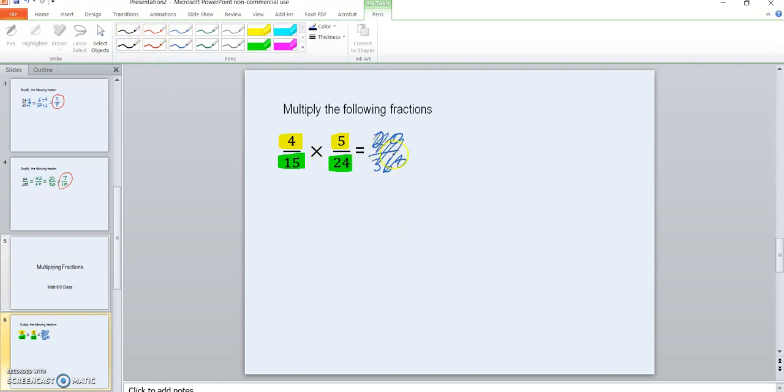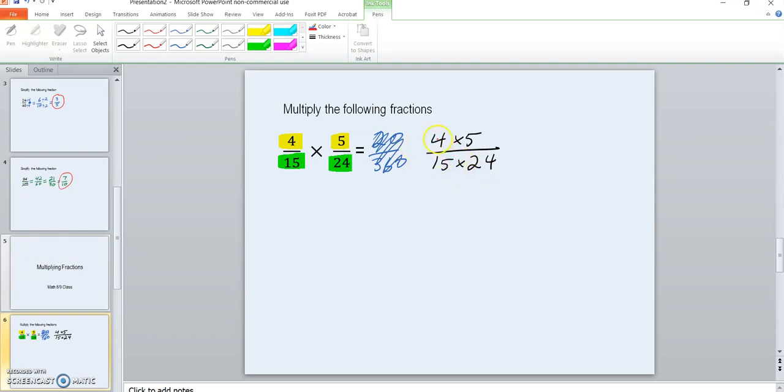So if we have 4 over 15 times 5 over 24, the first step that we're going to do is put them all over one fraction. The next thing we're going to do is look at the numbers on the top and the numbers on the bottom and see if any of them can be reduced.